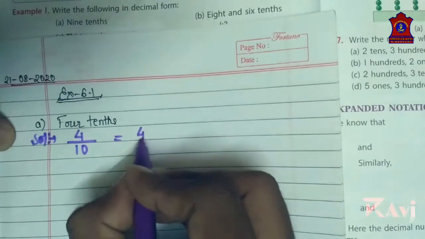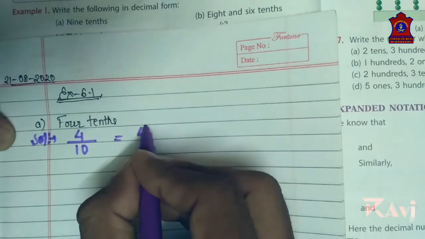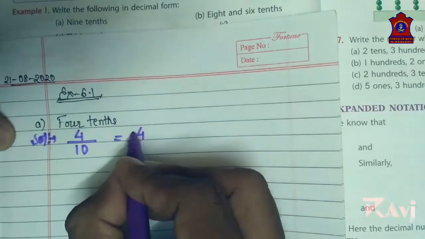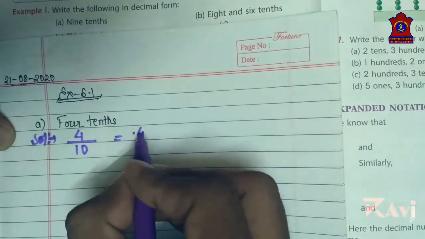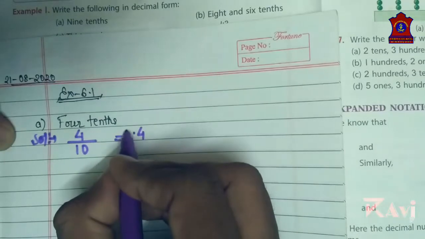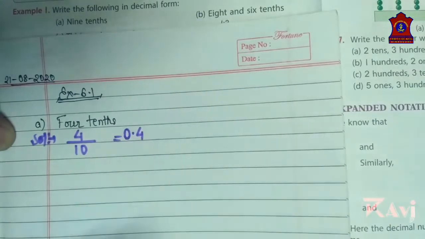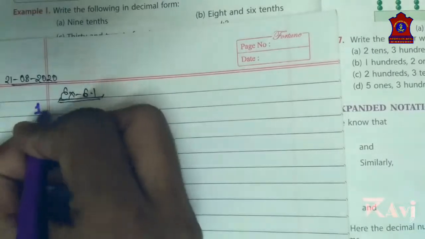And how many zeros are there? 1. So a decimal will come before the digit. So 0.4 will be the answer. We are adding a 0 before it. So the value of 4/10 will be 0.4. See, we will be doing one more question. Clear?